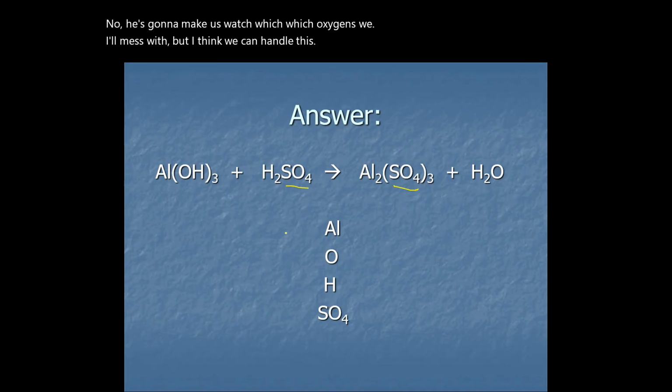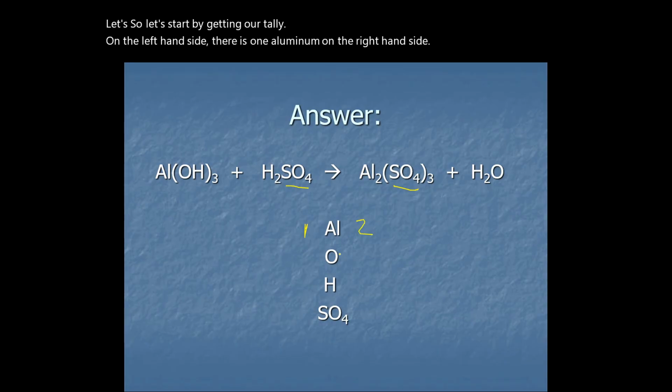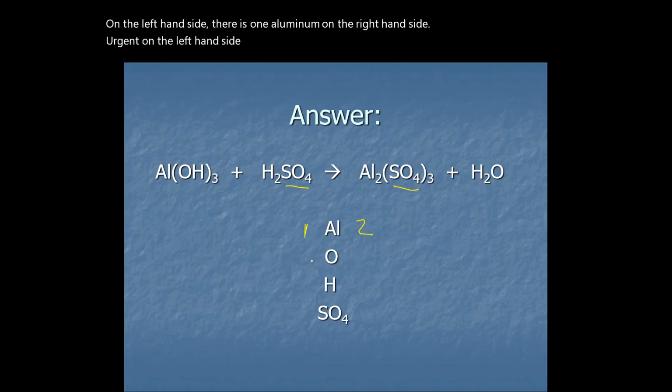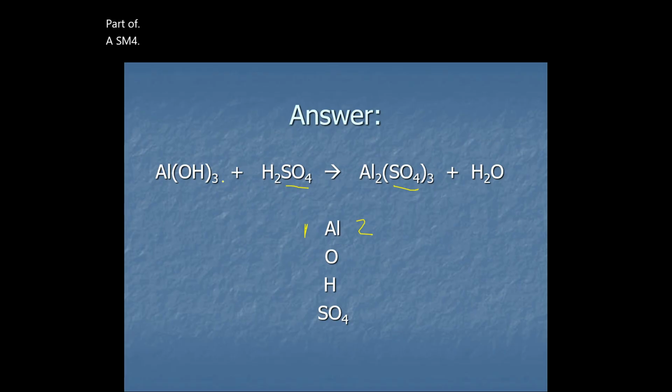Let's start by getting our tally. On the left-hand side, there is 1 aluminum. On the right-hand side, there are 2. On the left-hand side, oxygens that are not part of a SO4, there are 3 times 1, or 3. This side, there's just the 1 that's in the water.